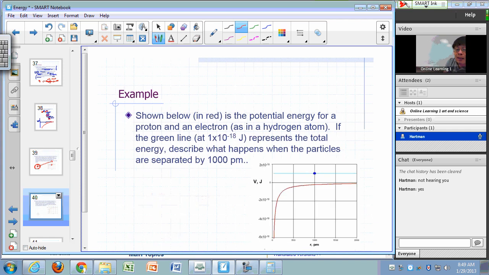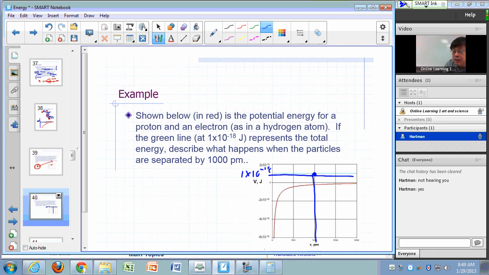Now, shown here in red is the potential energy for a proton and an electron. Let's say the total energy happens to be this much right here, and we have this point right here. The green line, at 1 times 10 to the negative 18 joules, represents the total energy. What happens when the particles are separated by 100 picometers?